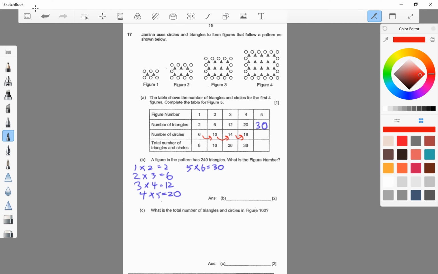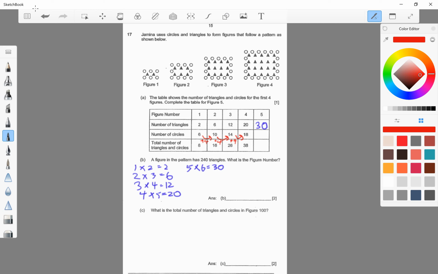So this is the clue for us that when we are trying to find a general formula that works for the number of circles, it has to somehow involve multiples of 4.